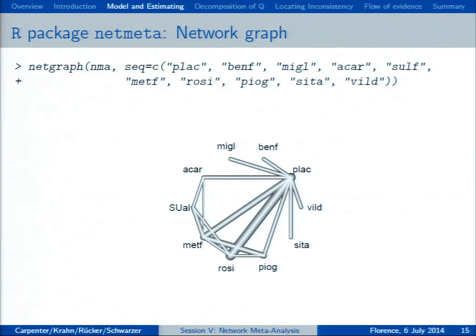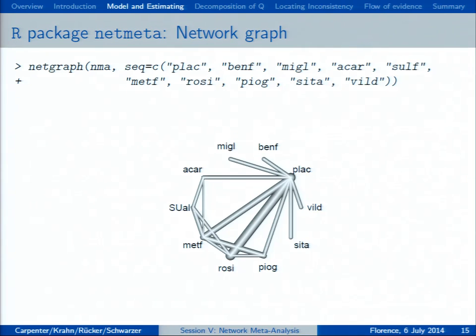Okay, we've generated an object of class netmeta, and now we can use the function netgraph to produce this netgraph. We can choose here, for example, a sequence for the arrangement of the treatments anti-clockwise.